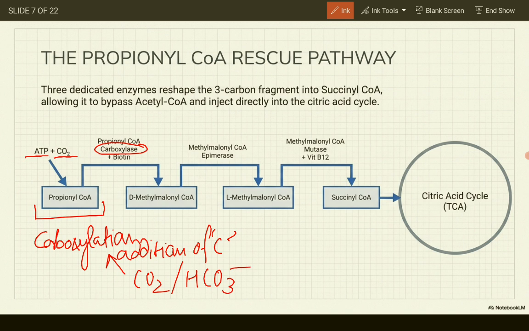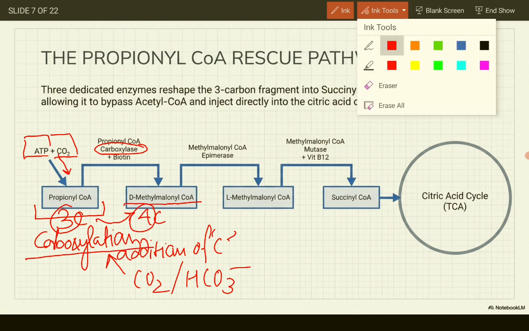So this propionyl CoA, a 3 carbon molecule, adds another carbon and produces a 4 carbon D-methylmalonyl CoA. This procedure requires an ATP and a carbon dioxide. The 3 carbon is changed to 4 carbon, and this process is carboxylation.